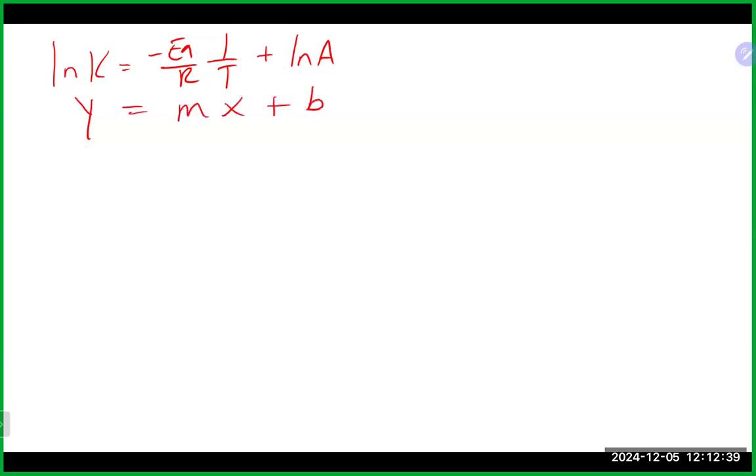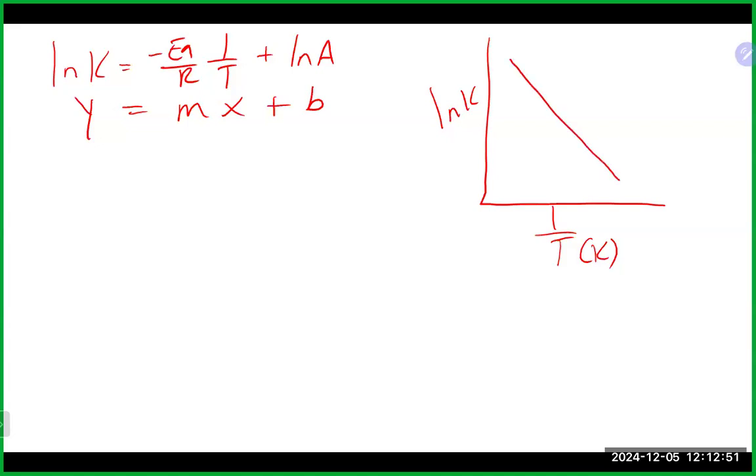And that means that the graph that we typically plot on this is the natural log of k over 1 over the temperature, and that does need to be in Kelvin in this case. That typically will give you a negative sloping line when you do that graph. And as we can see here, the slope of that will equal minus Ea over R, R in this case being the 8.31 version of the gas constant.